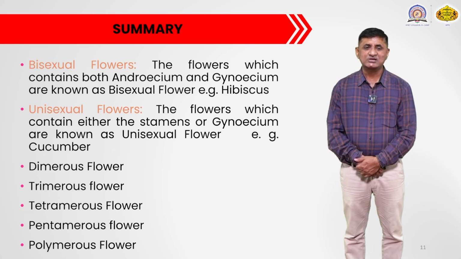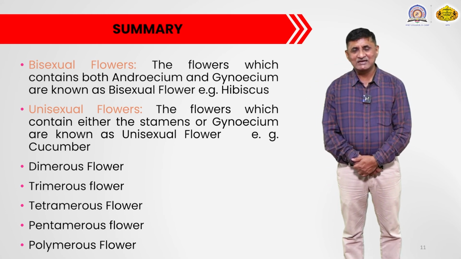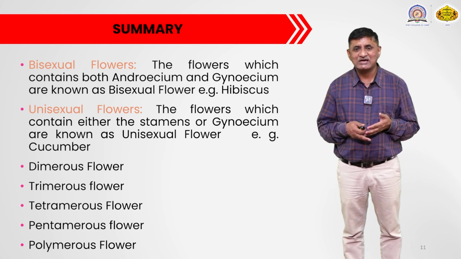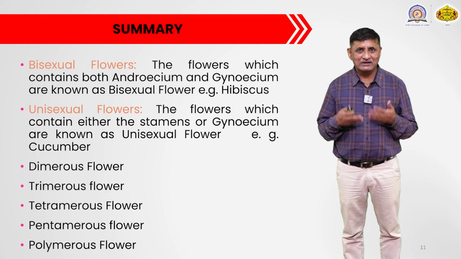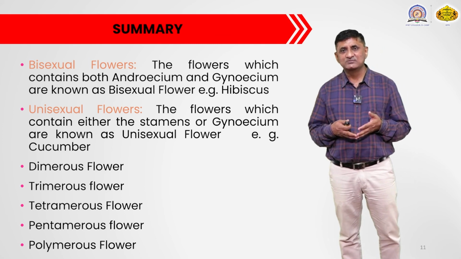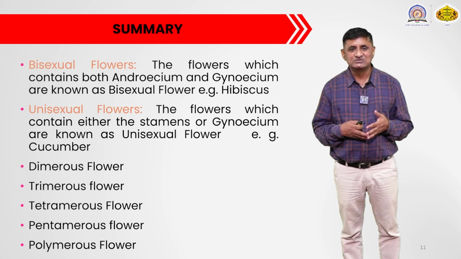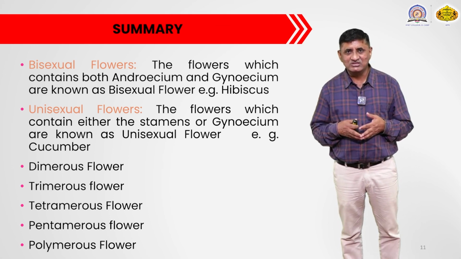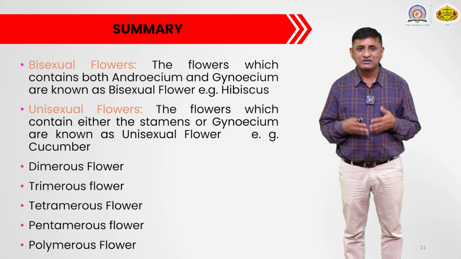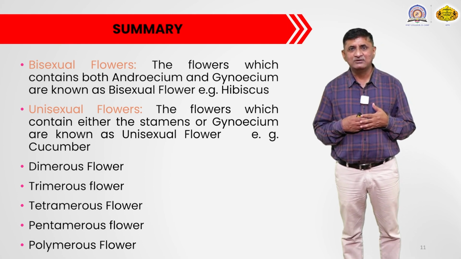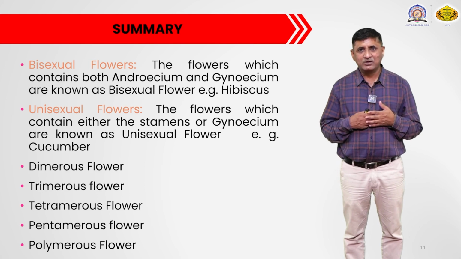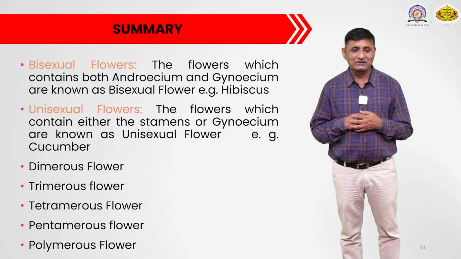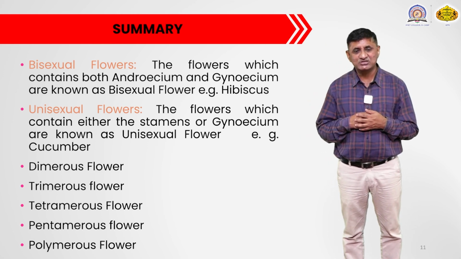On the basis of sexuality, we can categorize a flower as bisexual if both sex organs, androecium and gynoecium or pistil, are present. Many examples are there in nature of bisexual flowers. Then unisexual flower: only one kind of sex organ is present in one flower, and such a flower is known as a unisexual flower.